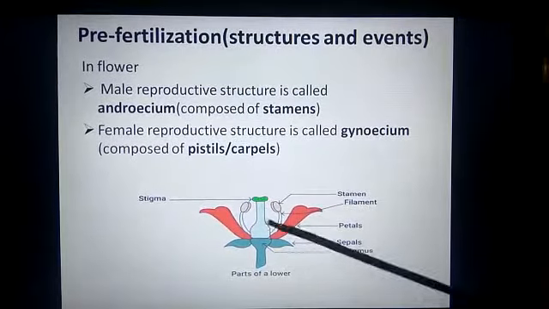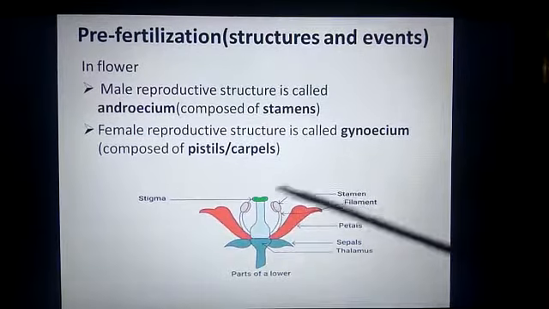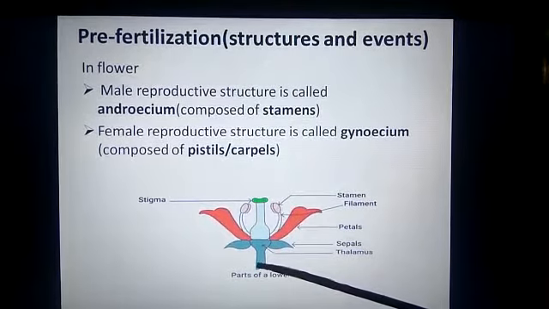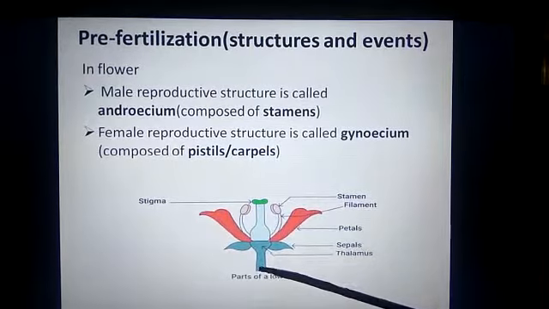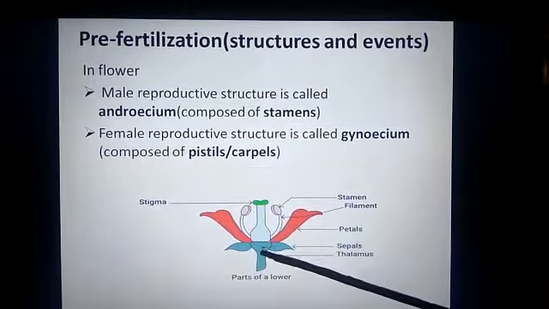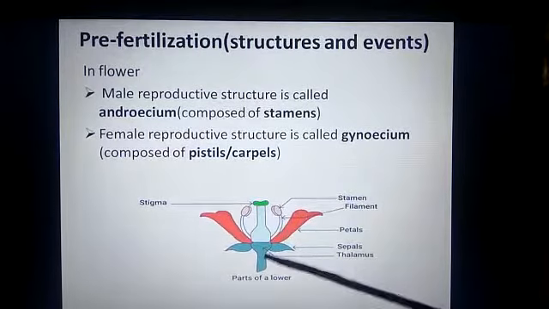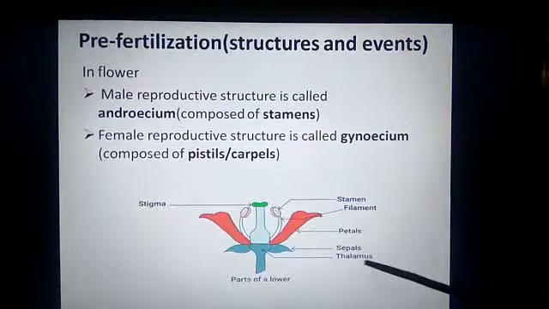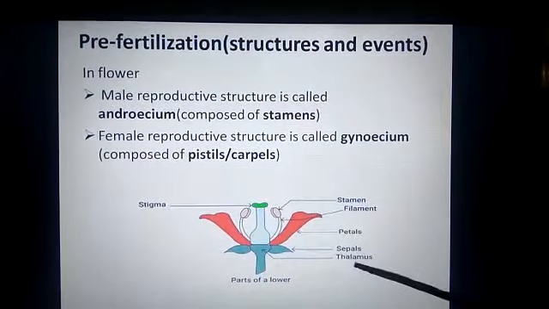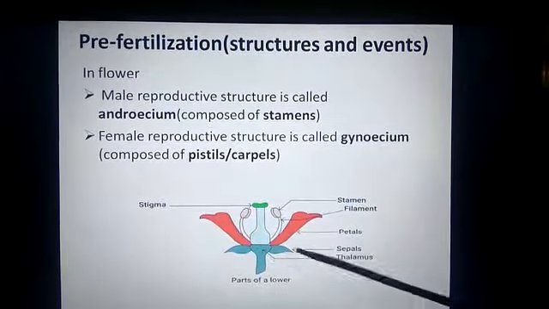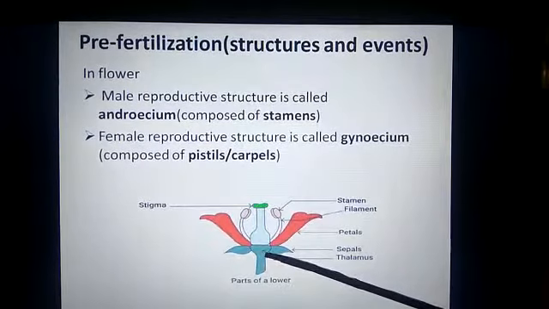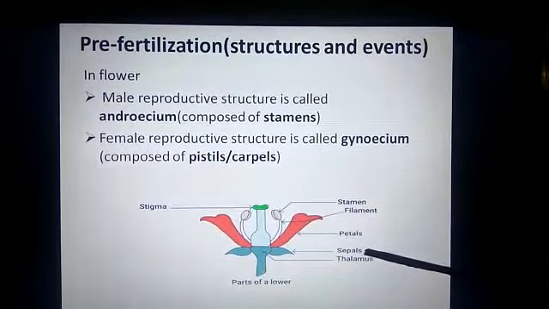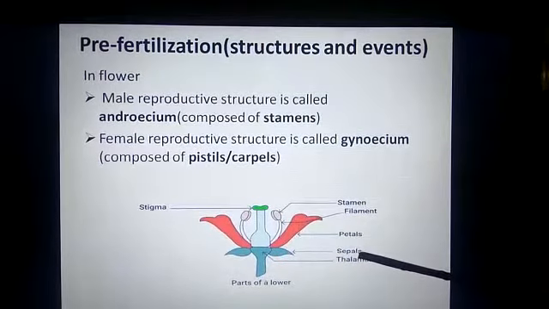Now this is a picture of a simple complete flower. This stalk is called the peduncle, and at the tip of the peduncle we have a swollen part, and we call that the thalamus or receptacle. It is on the receptacle or thalamus that the different parts of the flower are formed. The first one is the calyx, and the calyx is composed of sepals.